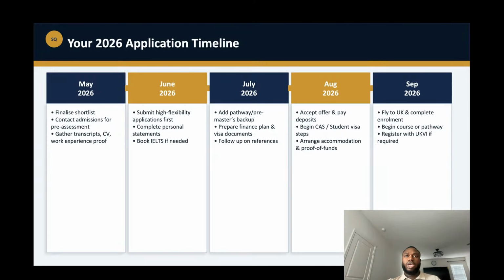So you're going to hear that universities in the UK are inviting students for interviews. They call it a credibility interview, to understand your situation and to be sure that you're actually coming to the UK to study, and then by September you should have gotten your visa and made plans to fly to the UK.